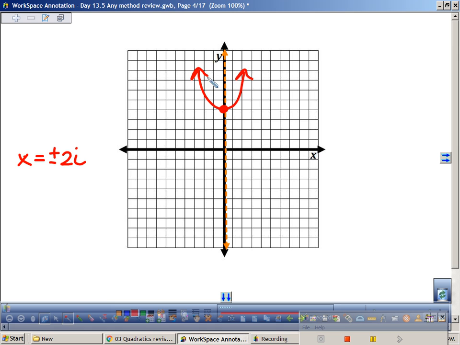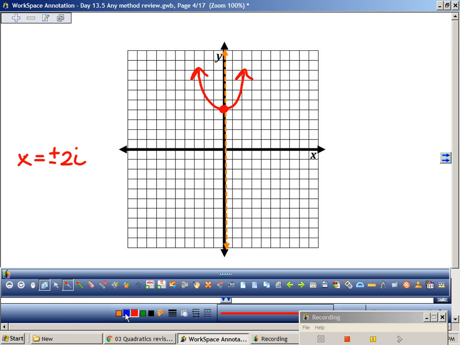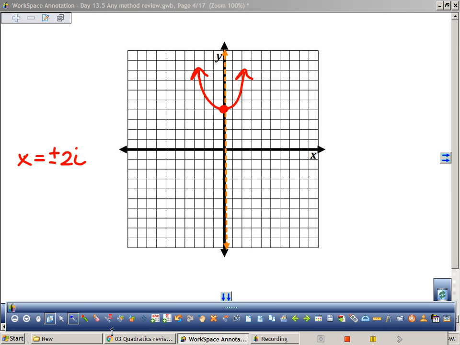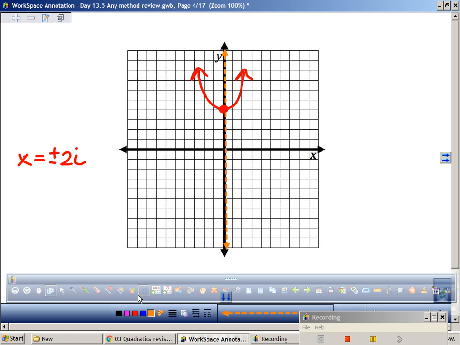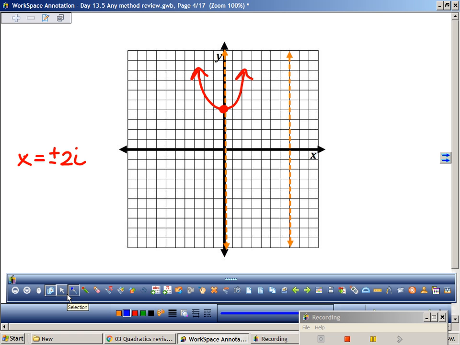Okay, that being said, I know what I'm going to do. I'm going to change the axis of symmetry on you and see if you can tell me what it would be. Let's make this one.